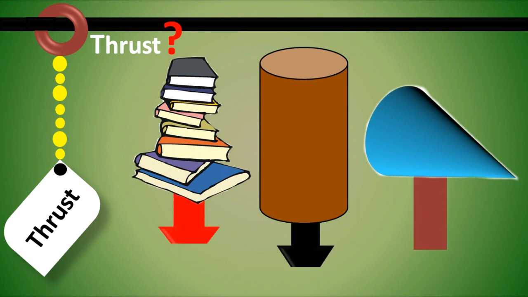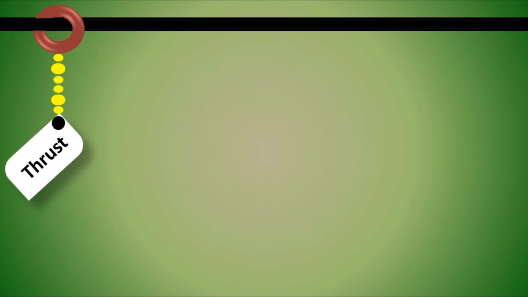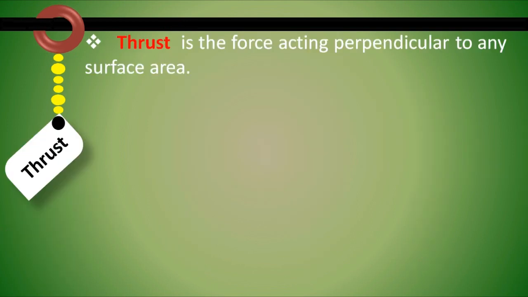Therefore, how do we define thrust? In short, we define thrust as the force acting perpendicular to any surface area that is in contact with the object. You got it?